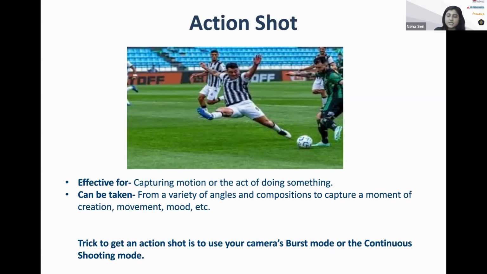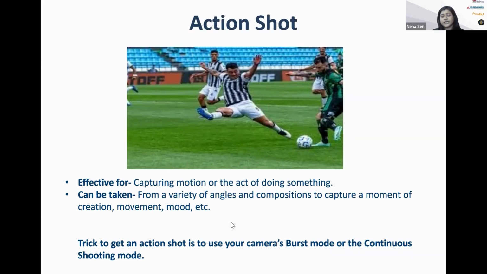Speaking to somebody is also an action shot. Taking notes is also an action shot. These can be very effective tools to represent research and action. They should ideally be taken from various angles and compositions, because different angles will give you different moods and different movements.